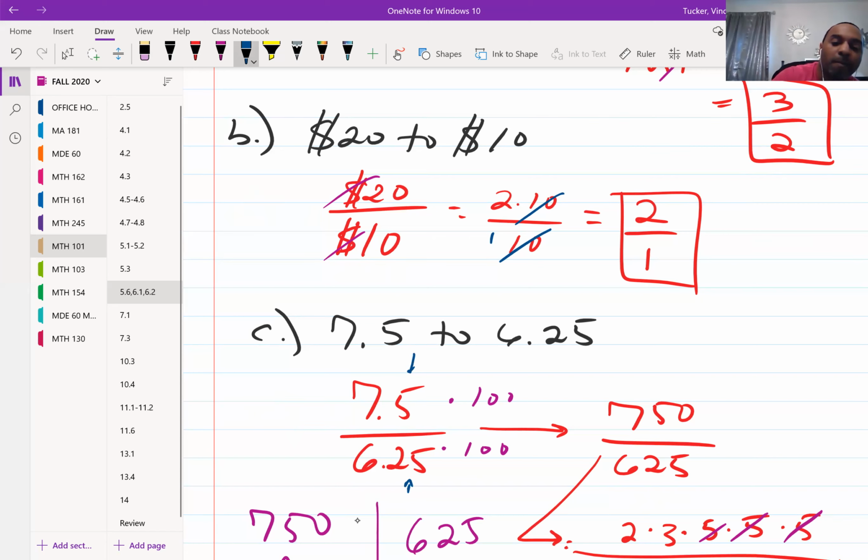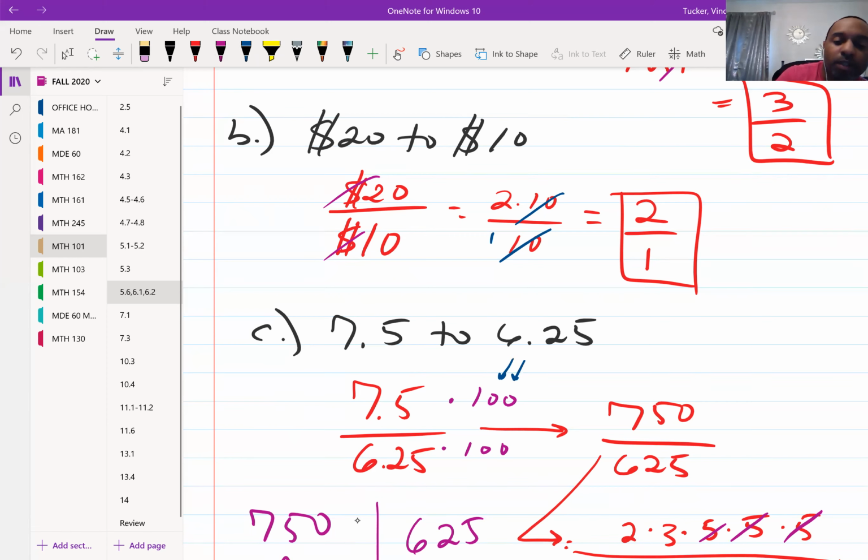So you multiply by the highest number of decimals, using that as a multiple of 10. So we would multiply both top and bottom by 100 because we have two decimal places here. If we had three decimal places, then we multiply by 1,000. So we can't multiply this one by 10 and multiply this one by 100. You have to be consistent in what you do.